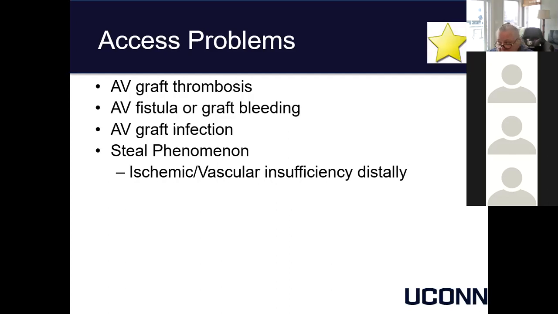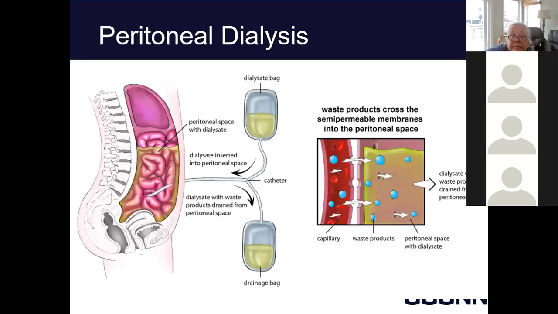Even though they don't use the major artery or veins for the graft or fistula placement, it is possible that circulation to the distal part of the limb decreases and you end up getting vascular insufficiency, which is a problem and usually needs to be treated surgically.